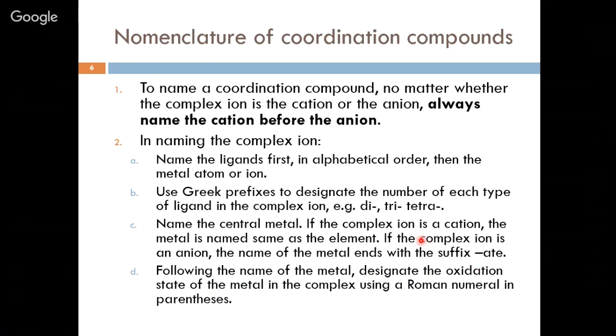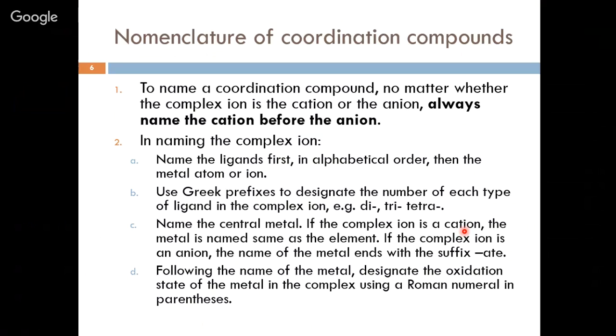Then we name the central metal. If the complex ion is a positively charged ion, the metal is named the same way as the element, or if it's an anion, we change the ending to ATE. And finally, after the name of the metal, we indicate the oxidation state of the metal using a Roman numeral.